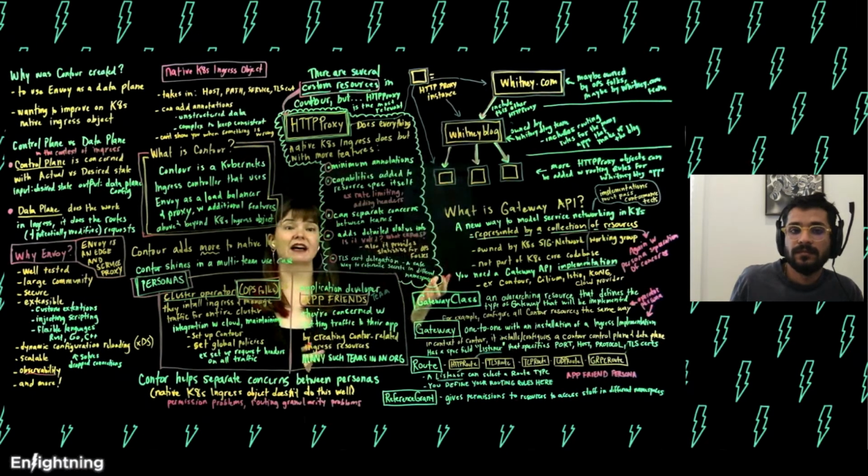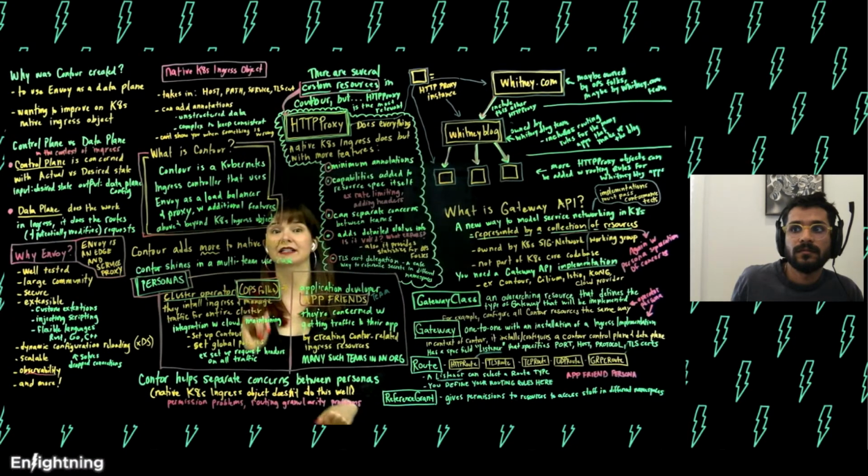The HTTP proxy resource can say, is it valid? What are the errors? It can also give you statistics for operations folks. And then we also talked about TLS certificate delegation. It's a safe way to reference secrets in different namespaces. Those are all things you can do with the HTTP proxy resource that you cannot do with the native Kubernetes Ingress object.